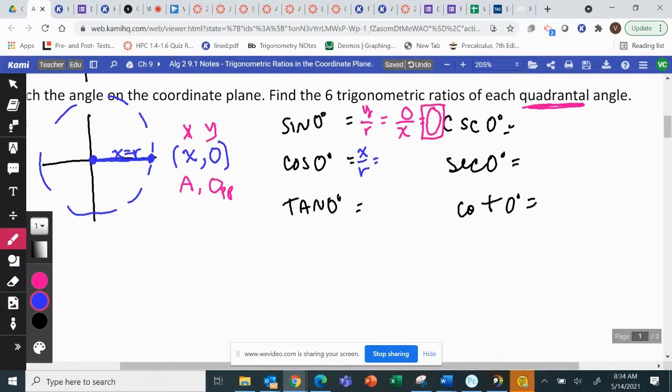My x is x and my r is how long in the picture? R equals x. So the x equals x and the r equals x. What is the cosine? 1.